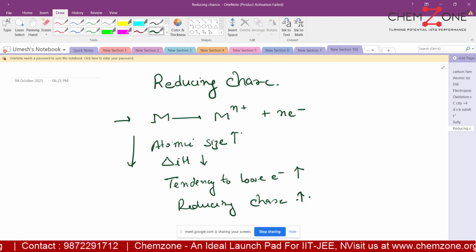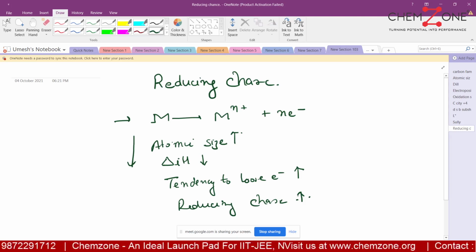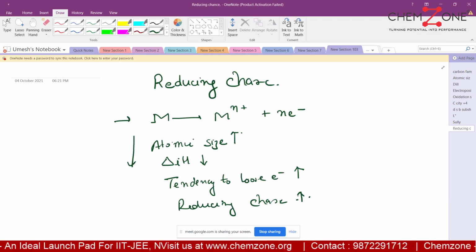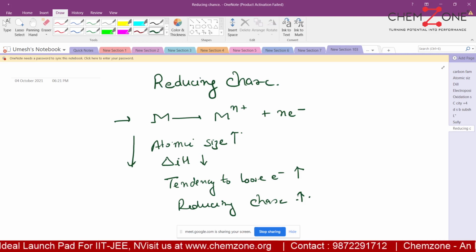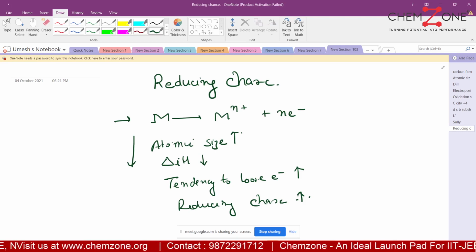So as you go down the group, reducing character increases. Understood?